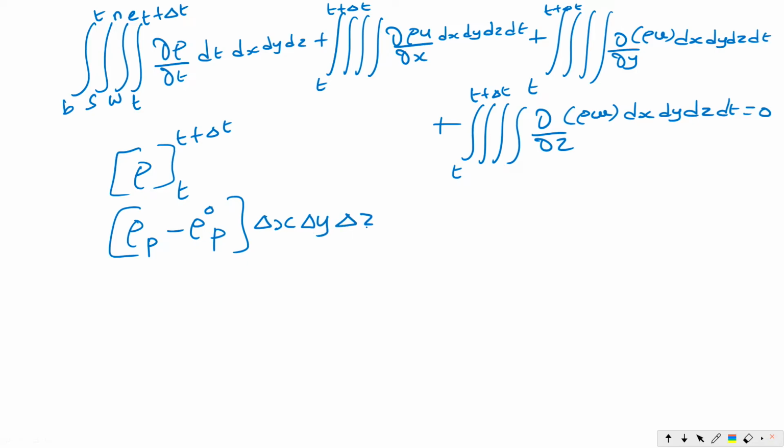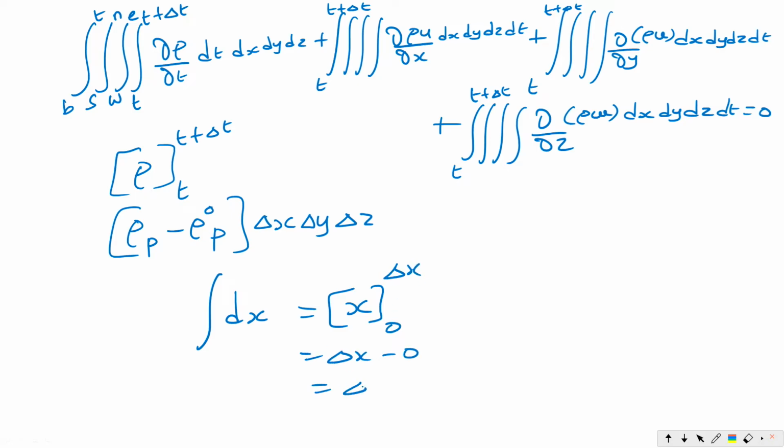If I integrate dx, the value will become x only, but the limit is 0 to delta x, so it is delta x minus 0, which is nothing but delta x. This is how we have ended up with delta x here. It is very basic, but I wanted to make it clearer. So I am erasing this one.